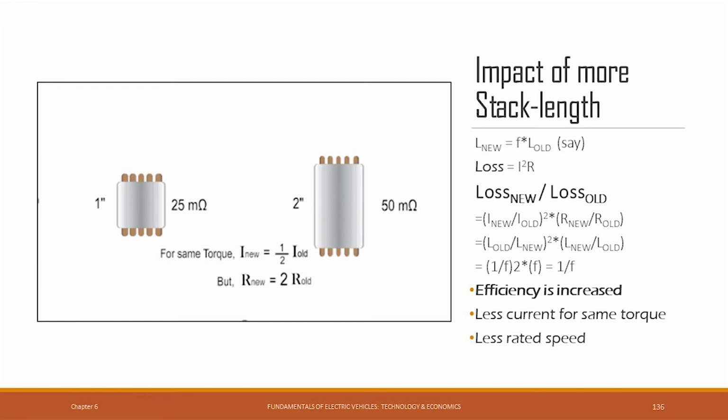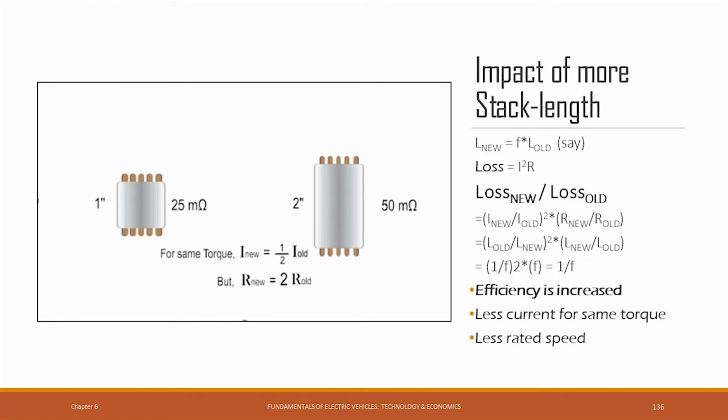So, if I do this, the current is inversely proportional to the length. L here is the length. So, if I use f as the ratio of the lengths, then I get 1 by f squared into f, which is 1 by f.